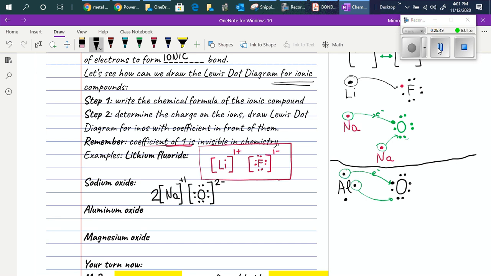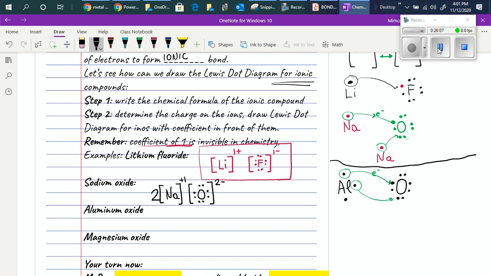Okay, good. We're good. So now the valence shell of the oxygen is completed here. However, we have an extra electron here for the aluminum.